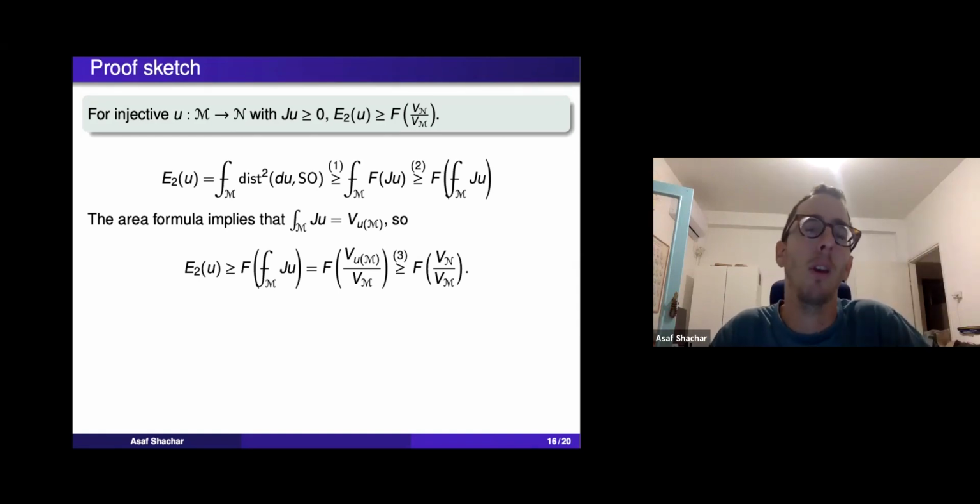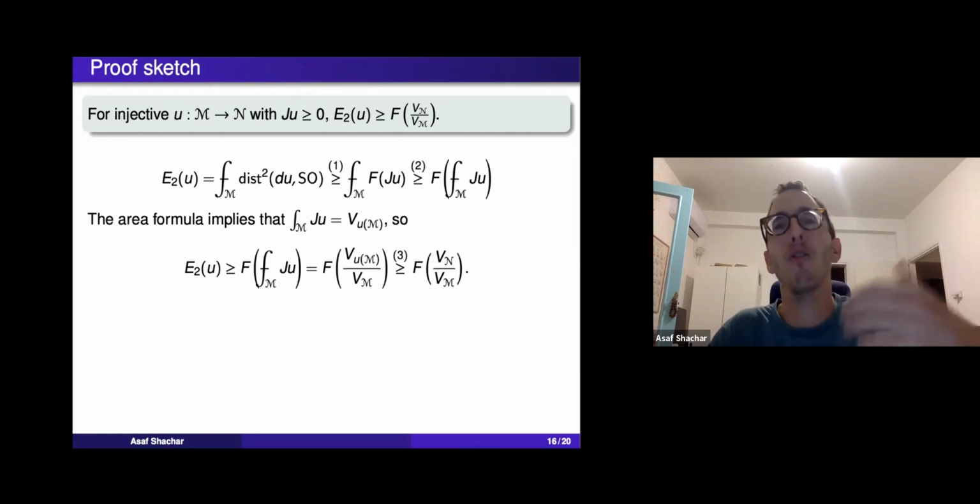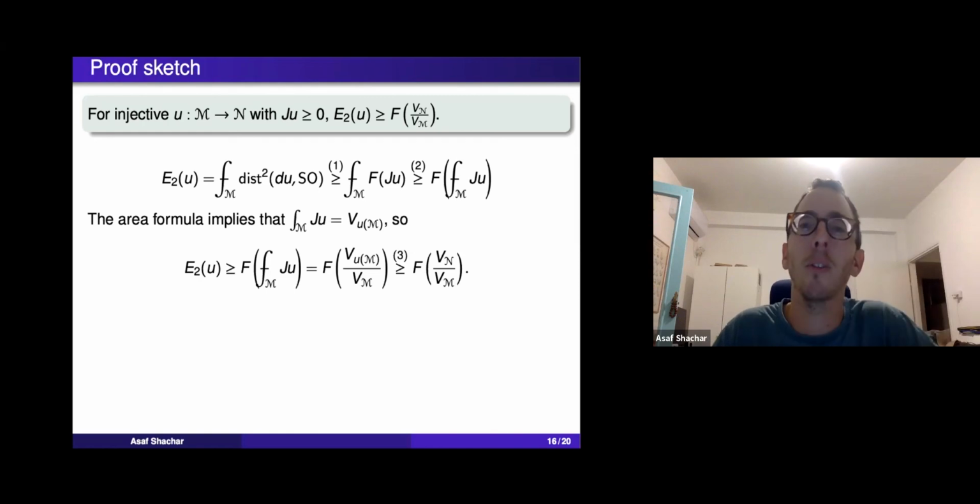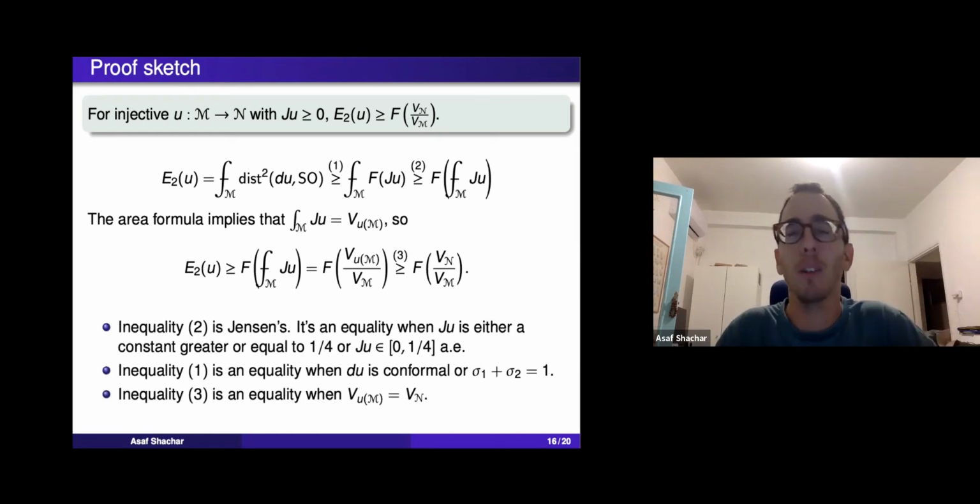So we get that the energy is greater or equal than F evaluated at the ratio of areas between the image and the source. And the last inequality is due to monotonicity. We are squeezing here: if we use the entire area given to us, we just improve the result.